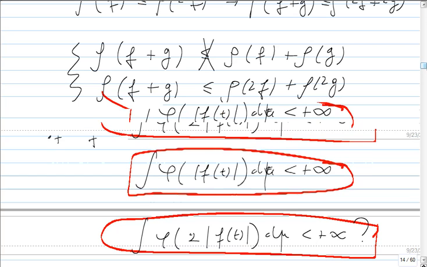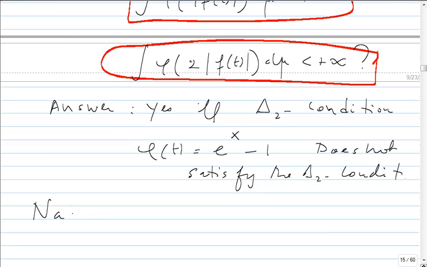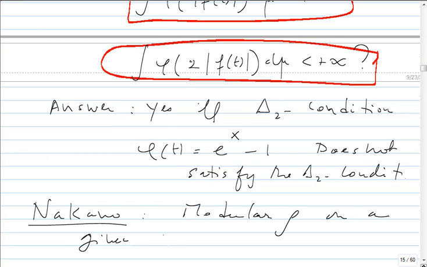Now, back to Nakano, he introduced a modular rho on a given vector space X. So you take a vector space and he defined the concept of a modular function. What is a modular function? It's like a norm, but it's not fully a norm. He got all these ideas from the L^p spaces and all these spaces I told you about. So he came up with this concept of modular, and it satisfies some properties.